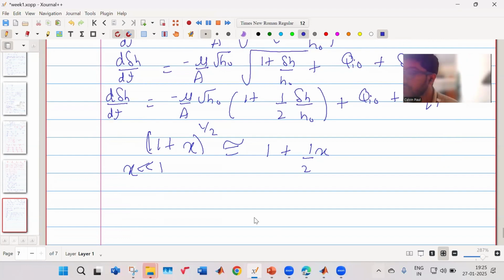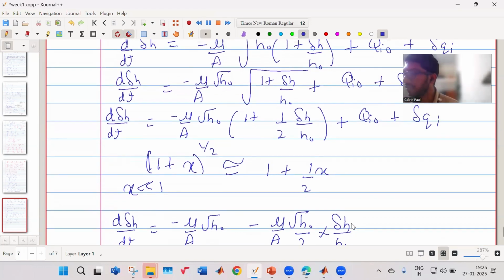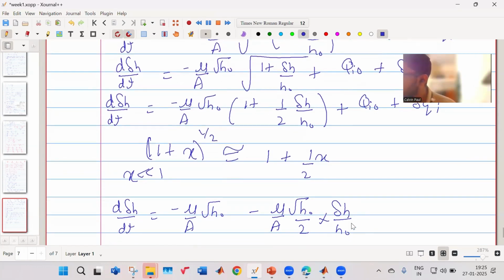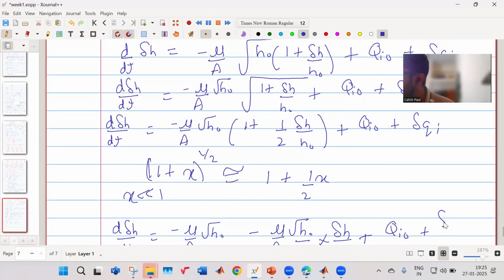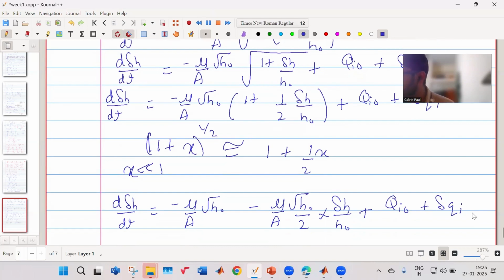That means my d of delta h upon dt is equal to minus mu by a square root of h naught, plus minus mu by a square root of h naught by 2 into delta h upon h naught, plus qi0 plus delta qi.